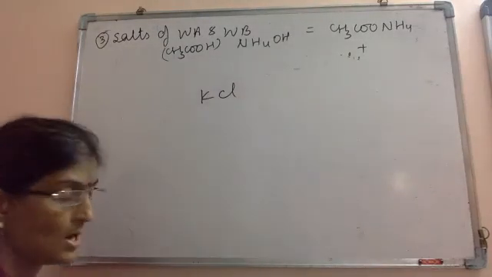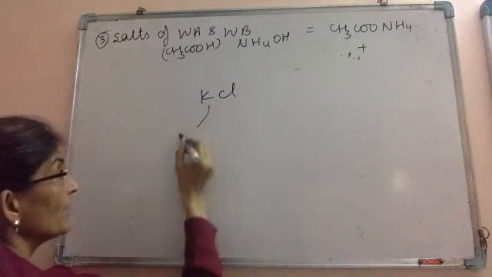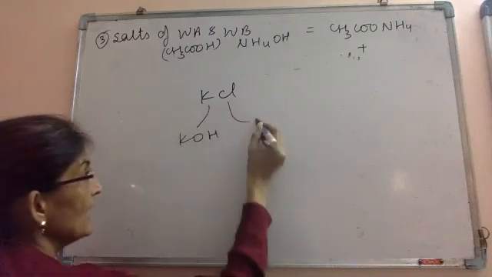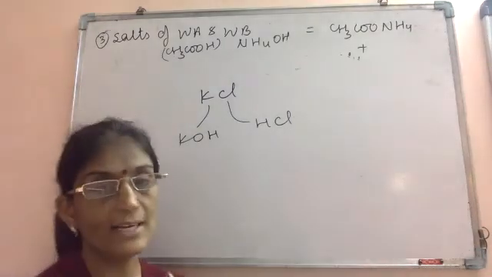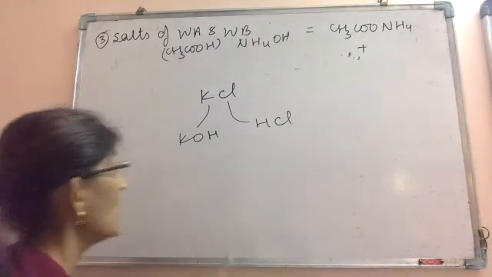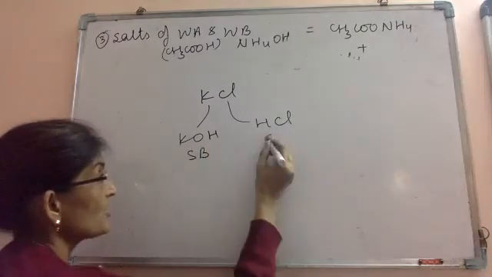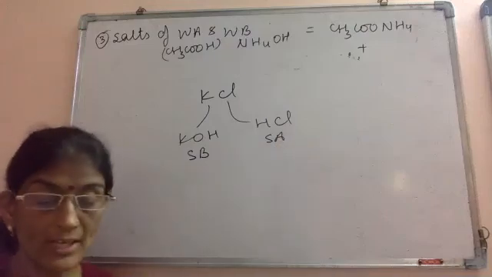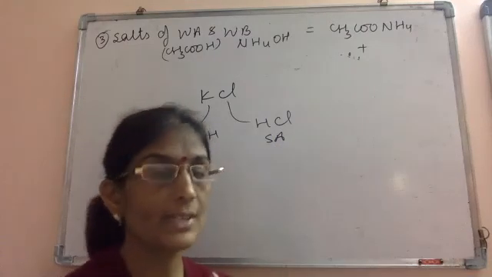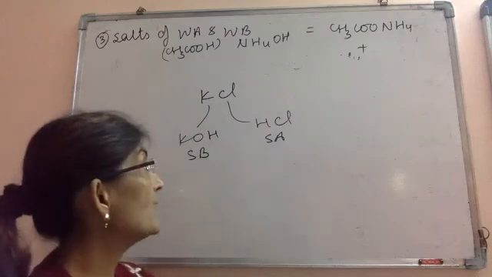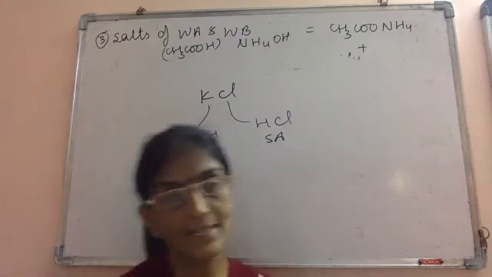What will its pH be? This is made up of KOH base and HCl acid. Both are strong, so what is the solution like? Neutral. So this solution is neutral and its pH will be 7.